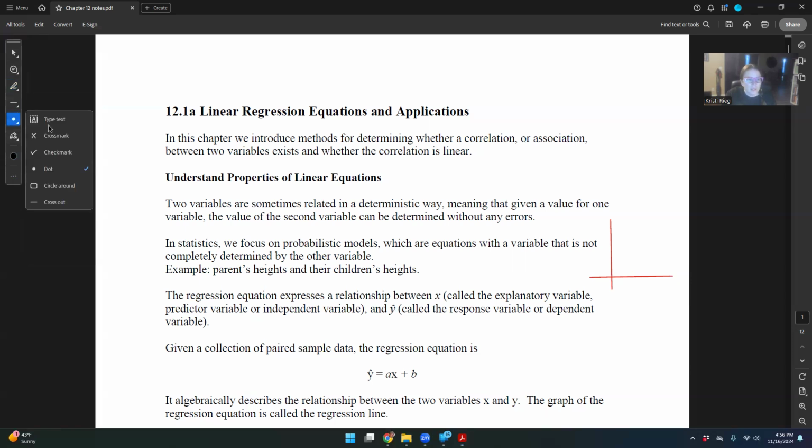Let's say this is the kid's height, and then this side is the parent's height. This isn't perfect, but the whole point is that scatter plots are not perfect.